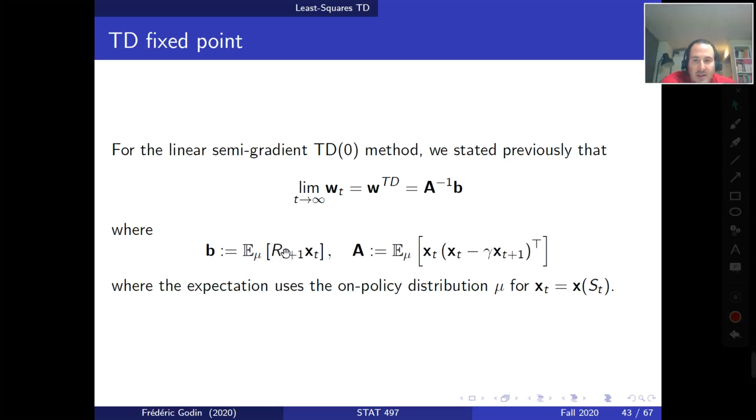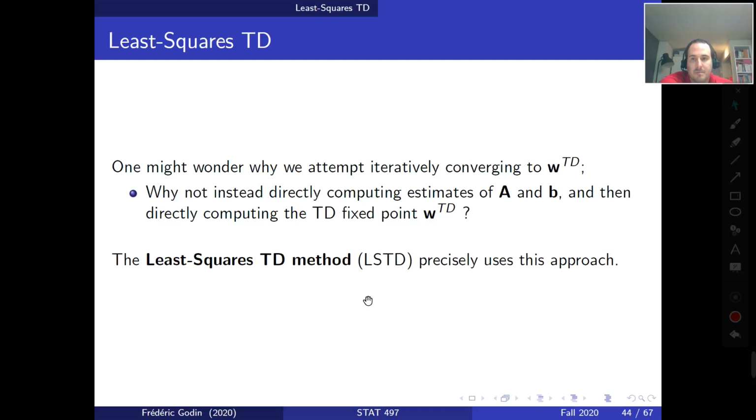Why not directly simulate many episodes and then estimate this vector b and this matrix A to get our parameters? Well, this is a very good question, and there's a method that does exactly that. This method is called the least squares TD method.